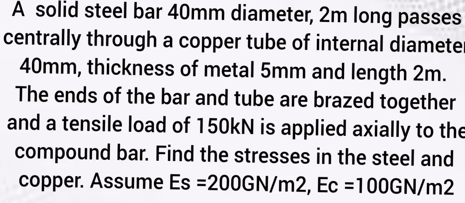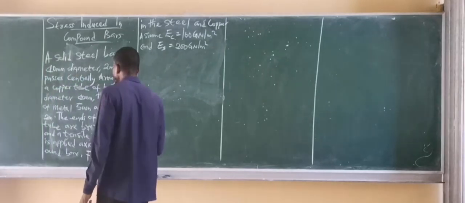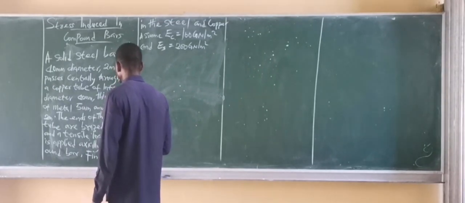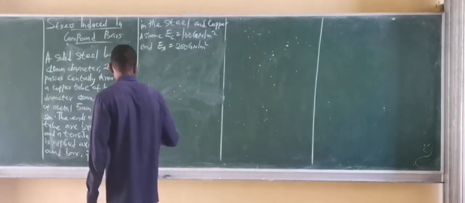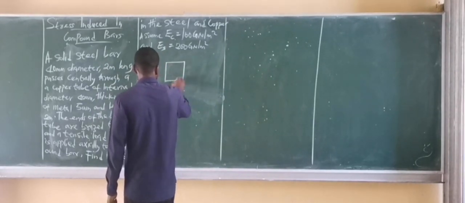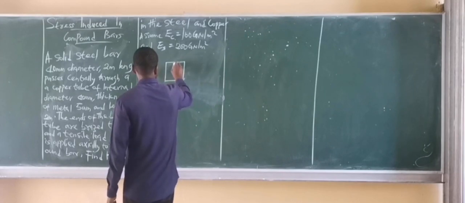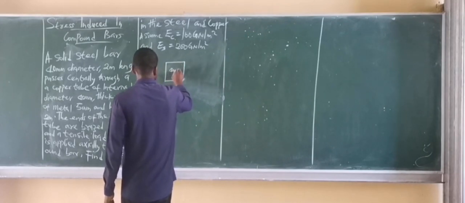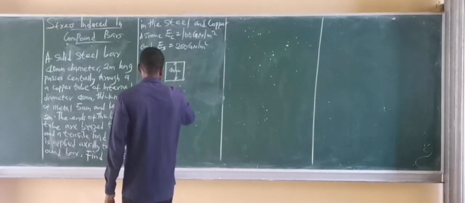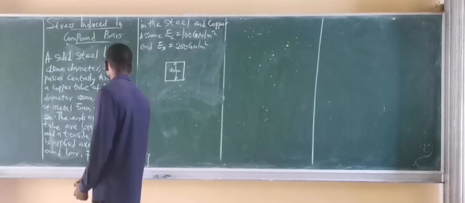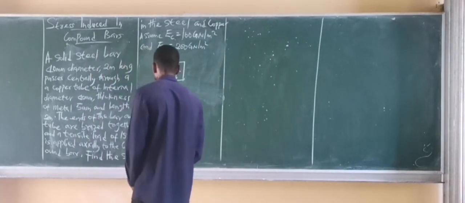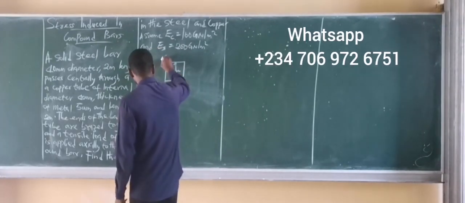Okay, so let's try to represent the information on the diagram. A solid steel bar, 40 millimeter in diameter, 2 meters long, passes centrally. First of all, let this be our steel bar. This is our steel. Diameter of the steel is 40 millimeter. It passes centrally through a copper tube, which means there's a copper tube outside of it.